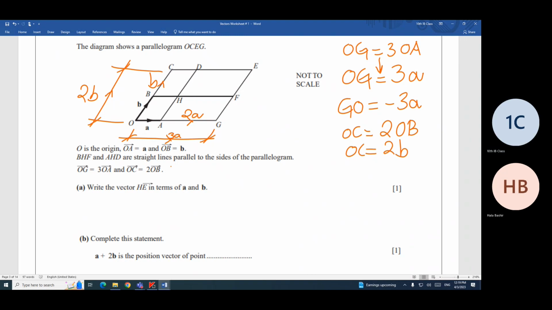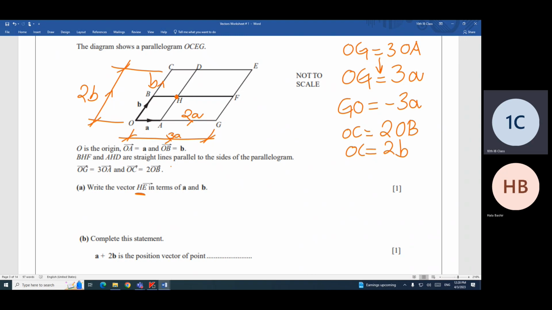So what do we need to do? We want vector HE. Please pay attention to how we do this. We should start with given vectors that start with H and end with E. How can we reach H?